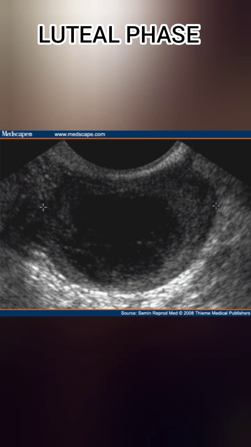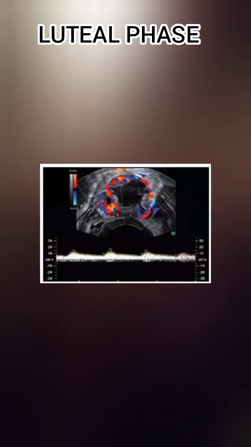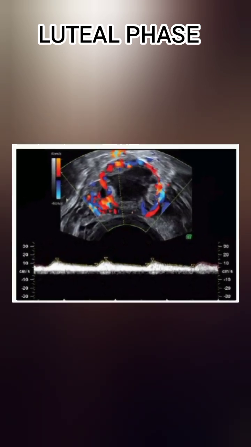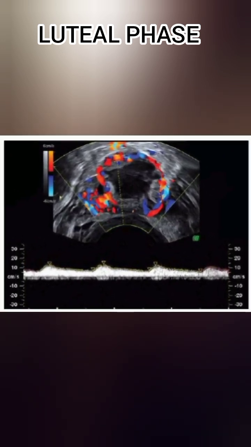Corpus luteum cysts will show peripheral hypervascularity, what you call a ring of fire that you see on the image. The size of the corpus luteum cyst will be within the range of 2 to 2.5 centimeters.